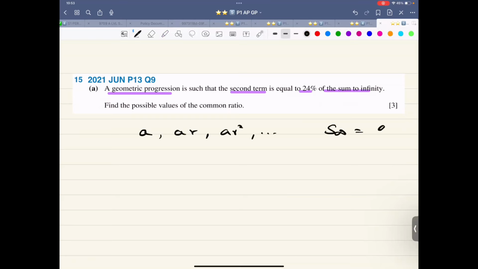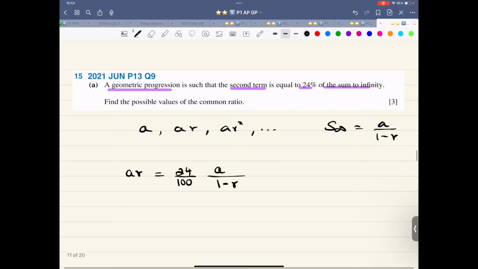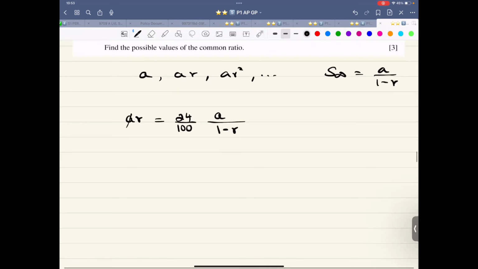Sum to infinity is A over 1 minus R. The second term, AR, is 24%. 24 over 100, sum to infinity, A over 1 minus R. So A and A will cancel out. This is R, 24 over 100, 12 over 50, and that is 6 over 25. 6 over 25, 1 over 1 minus R.